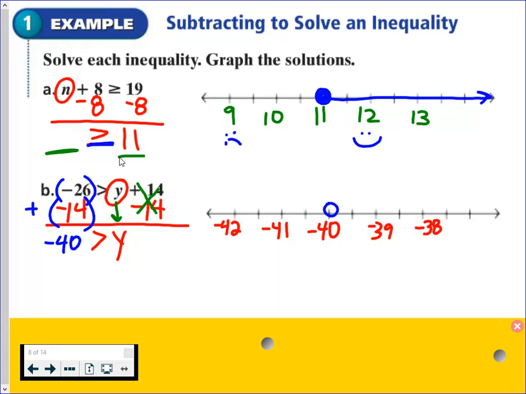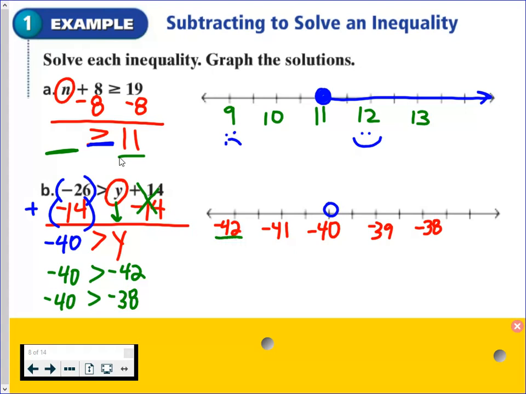The negative arrows tend to be a little bit trickier. Negative 40 is greater than negative 40. Okay, it can only be one of these. Negative 40 is greater than negative 42, or negative 40 is greater than negative 38.